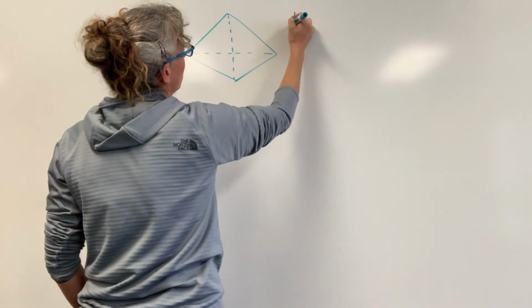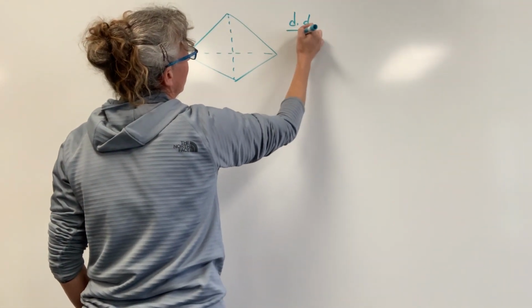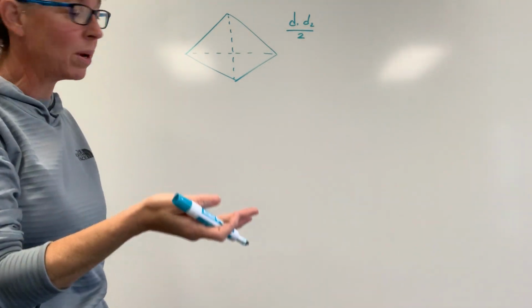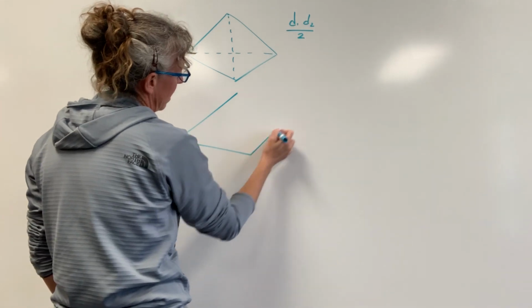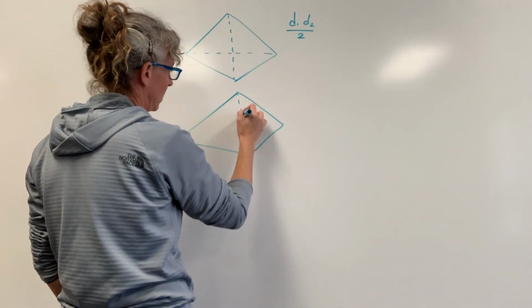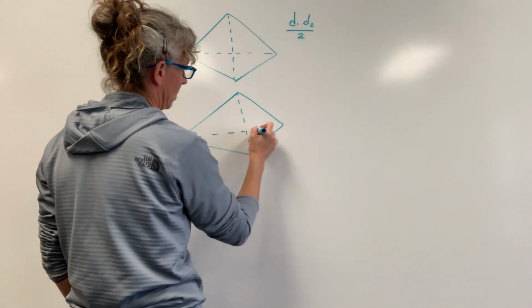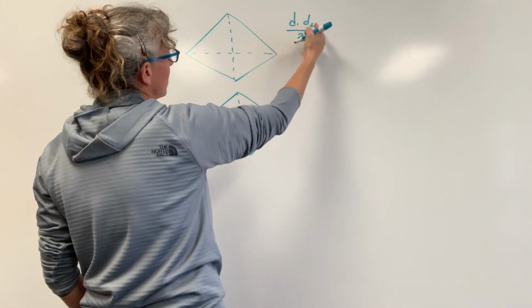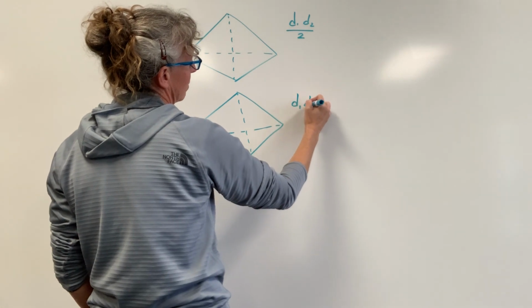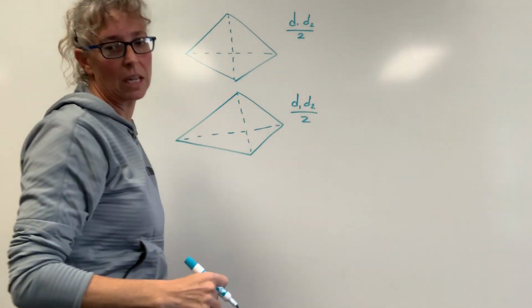So diagonal 1 times diagonal 2 is what they call it, and then I divide by 2. They multiply by 1/2, same thing, okay? Kites have a similar formula, diagonal 1. This would be called a diagonal as well. So kites are there too, diagonal 1 times diagonal 2 divided by 2, same thing. So rhombuses and kites, you can get the same way.